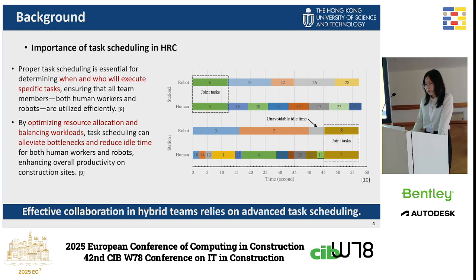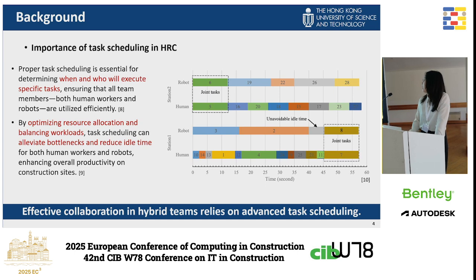So task scheduling plays a crucial role in HRC, where it defines when and who will perform the specific task. That's the basic definition of task scheduling. A well-designed task schedule can help deal with task dependencies and streamline the overall workflow.